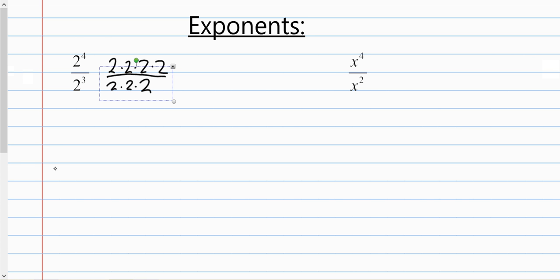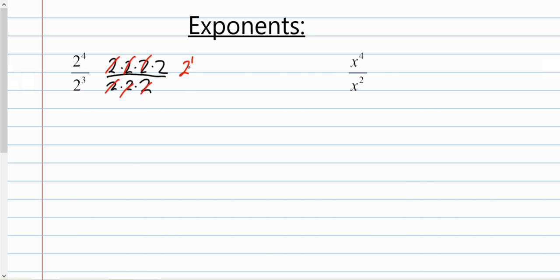I'm going to make use of the fact that I can simplify fractions here to show what's going to happen with these exponents. So these two 2's will cancel with each other. These two 2's will cancel with each other. And these two 2's cancel with each other, leaving me with a 2 to the 1st power.